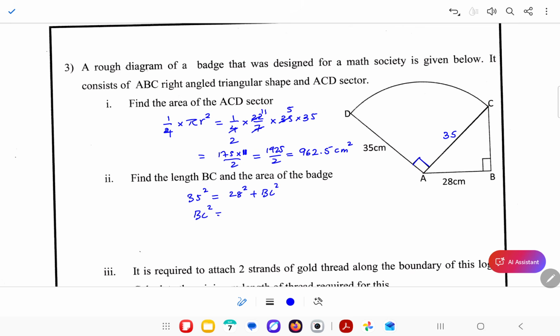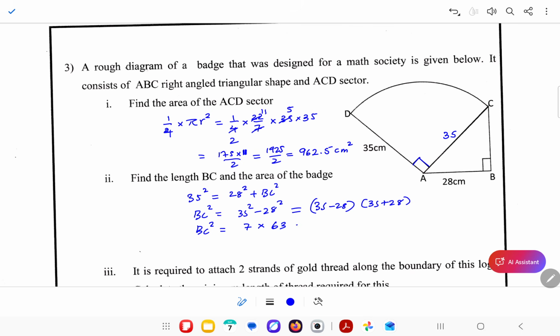So BC squared is equal to 35 squared minus 28 squared. So then use difference of squares to simplify this. 35 minus 28 into 35 plus 28. So BC squared is 7 into 63.